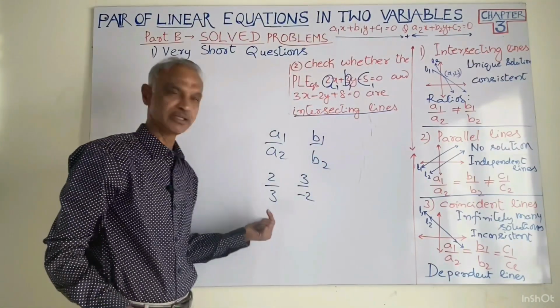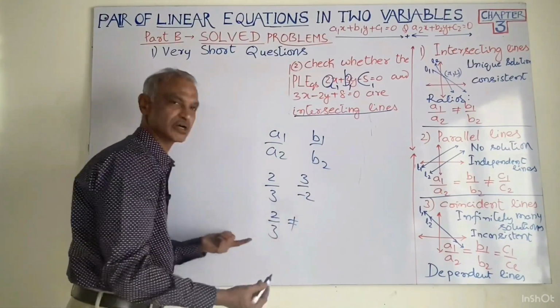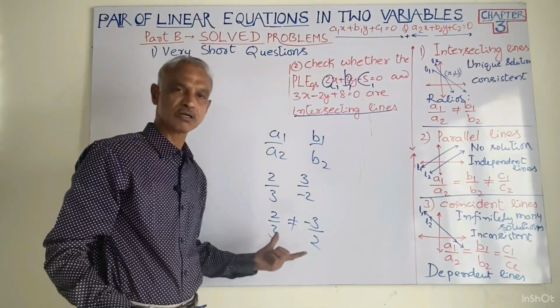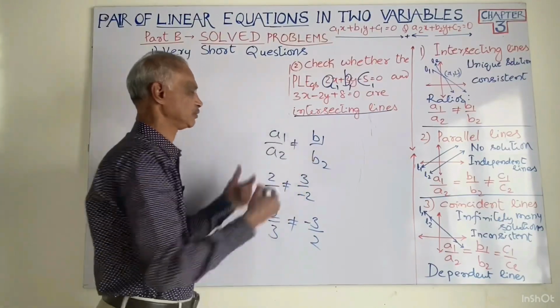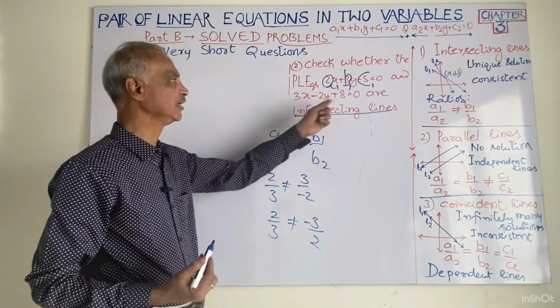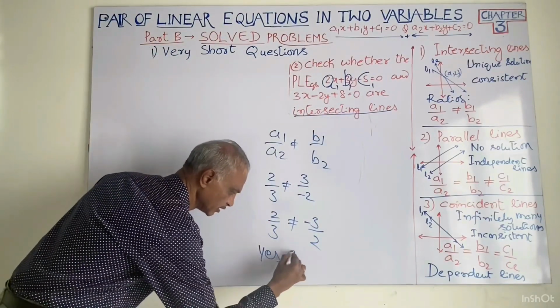So 2 by 3, and it is not equal to minus 3 by 2. These two are not equal to each other. Therefore, A1 by A2 is not equal to B1 by B2.